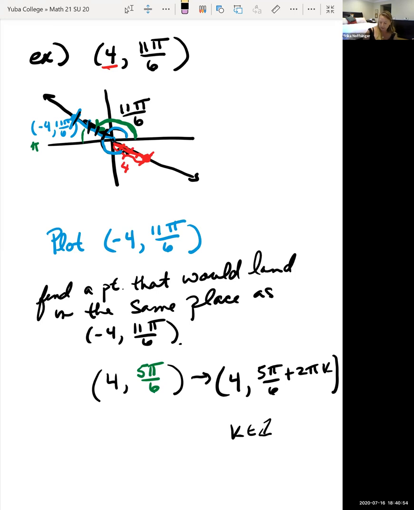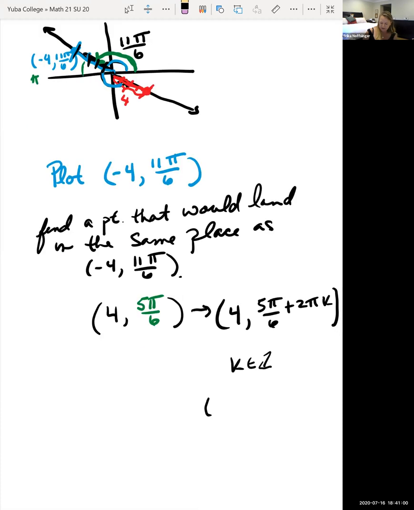Or another way, what about this: (-4, 11pi/6 + 2pik)? If we added any multiple of 2pi, that would also get us there. So we found the formulas that would get us any point that would get us there.